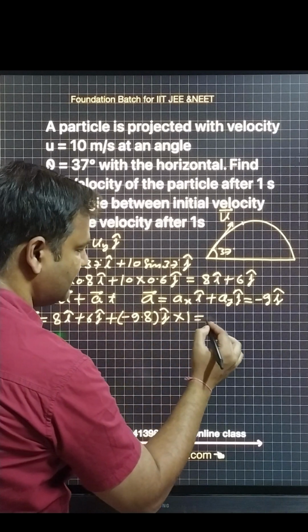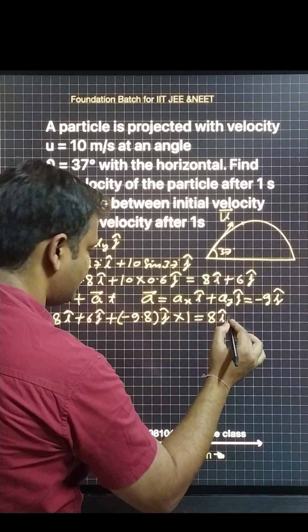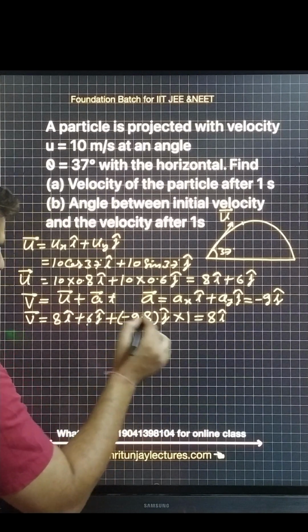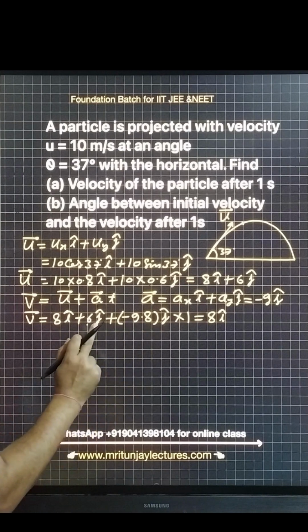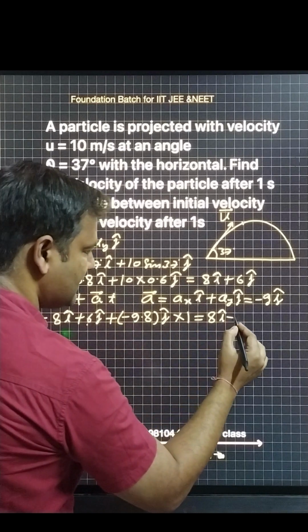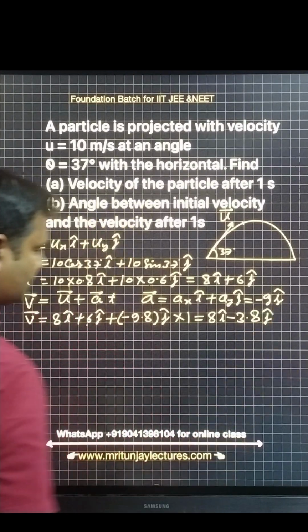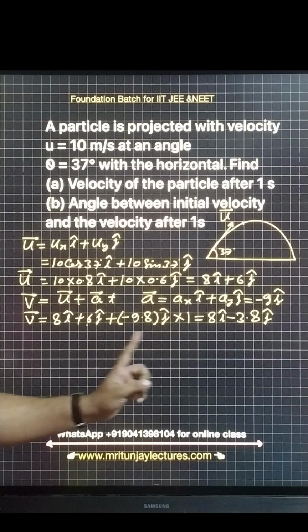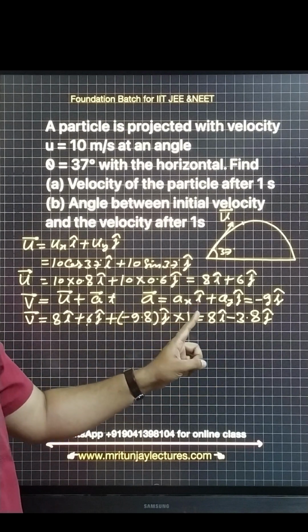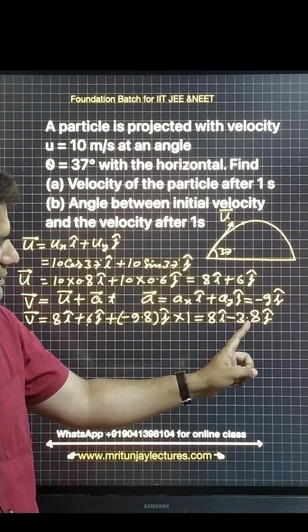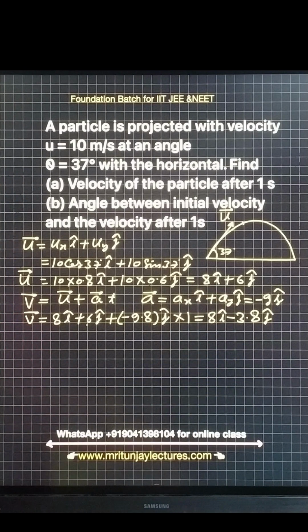After that, that is 8 i cap plus 6 j cap minus 9.8 j cap. So that is j and that is j, so we got minus 3.8 j cap. Clear or not? That is v. After t time, after 1 second, the velocity is 8 i cap minus 3.8 j cap.